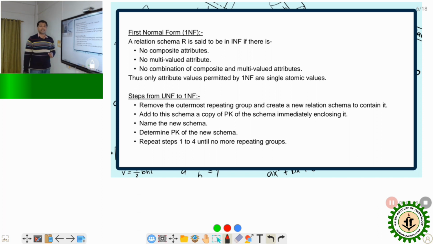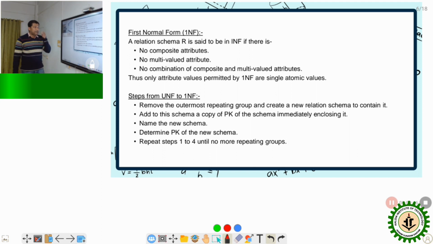A relation schema R is said to be in first normal form if there is no composite attribute. This is point number 1. Point number 2, if there is no multi-valued attribute. Point number 3, if there is no combination of multi-valued attribute and composite attribute.